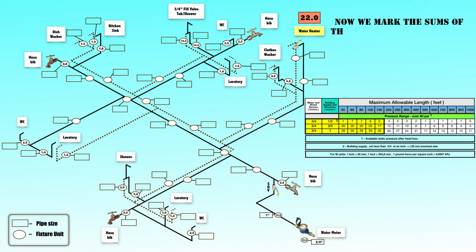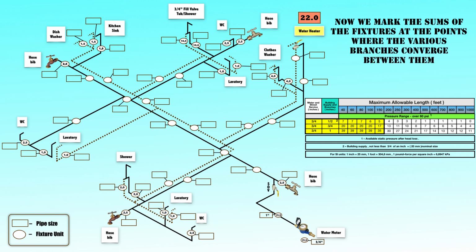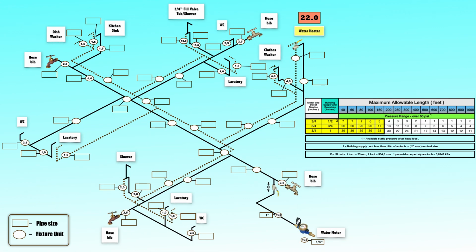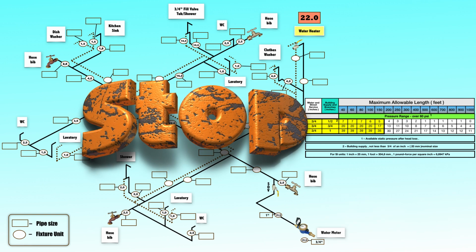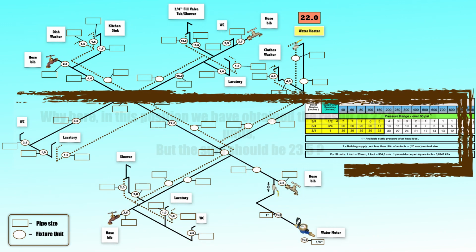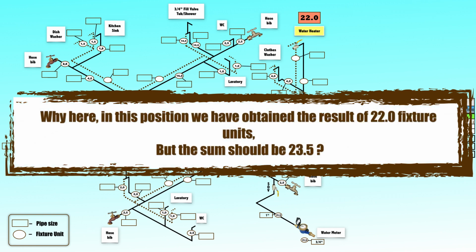Now we mark the sums of the fixtures at the points where the various branches converge. For example, 1.5 plus 2.5 is equal to 4.0. Here, in this position we have obtained the result of 22.0 fixture units, but the sum should be 23.5.